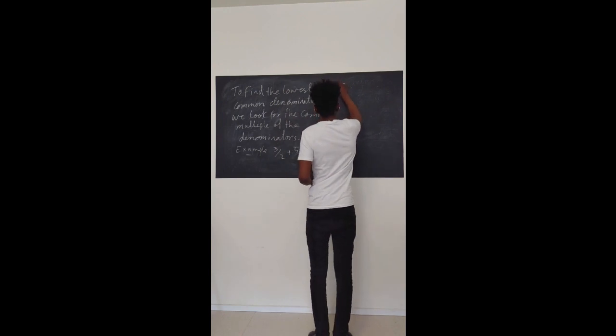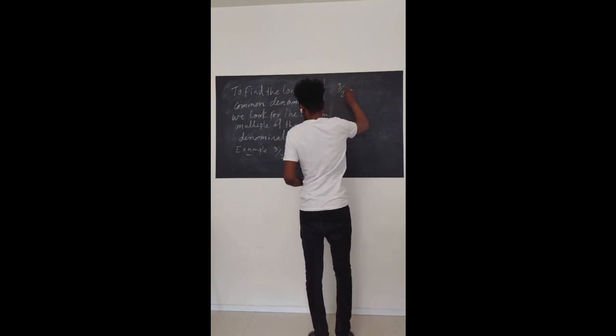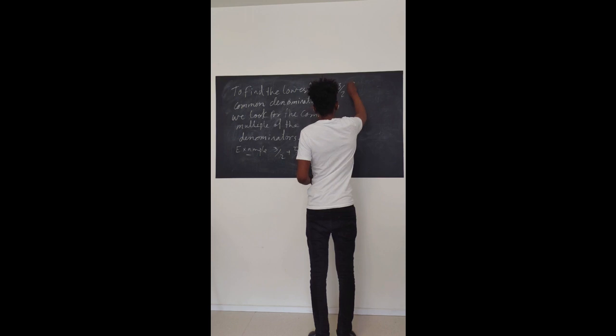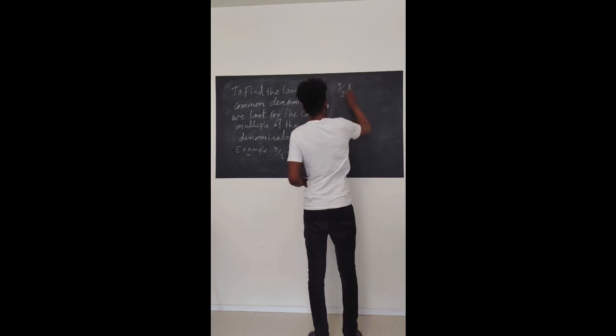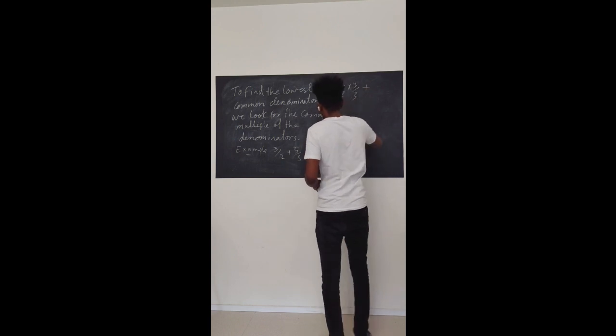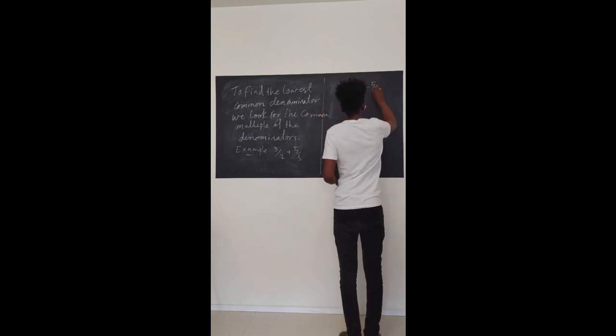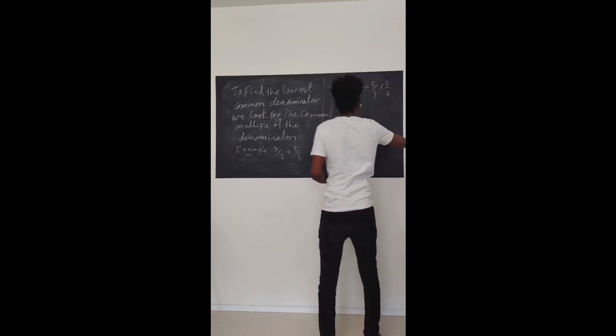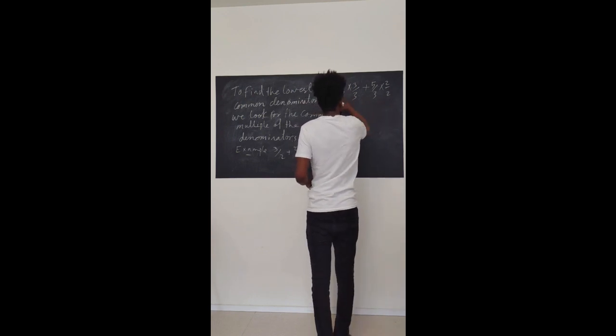So we have 3 over 2 multiplied by 3 over 3 plus 5 over 3 multiplied by 2 over 2. Then we can see that now the denominator is the same.